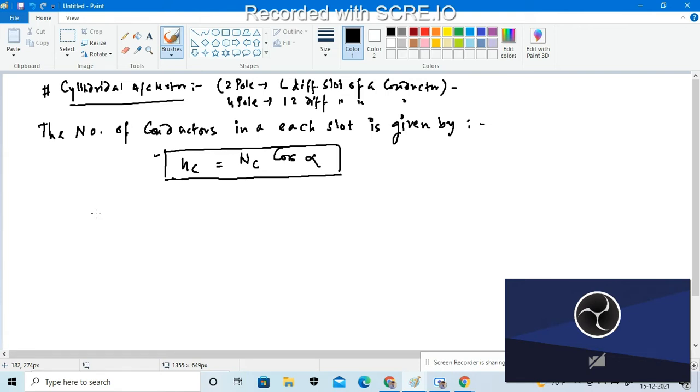Whenever we have to design a cylindrical rotor, or the non-salient rotor, we have to consider the total number of conductors in each slot. That means for designing any such non-salient pole rotor we have to take this equation into consideration.